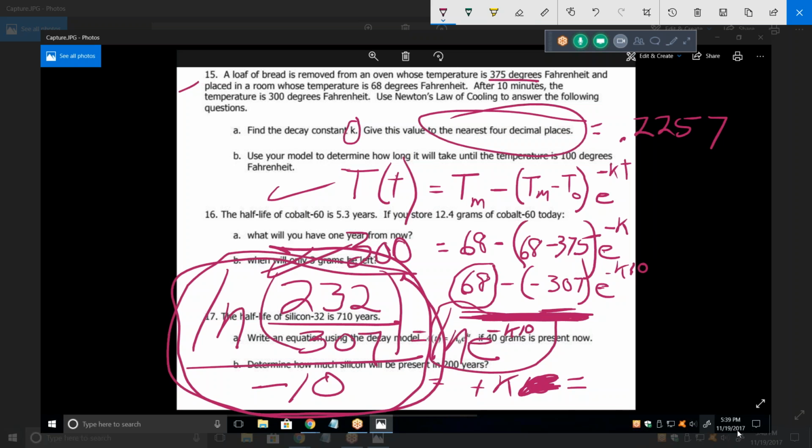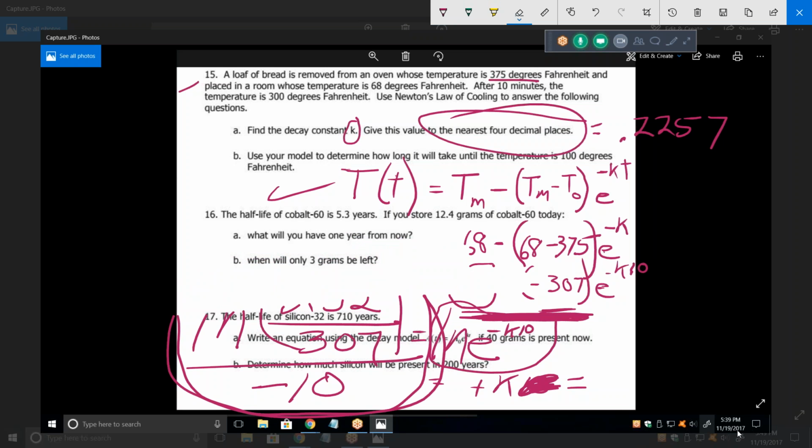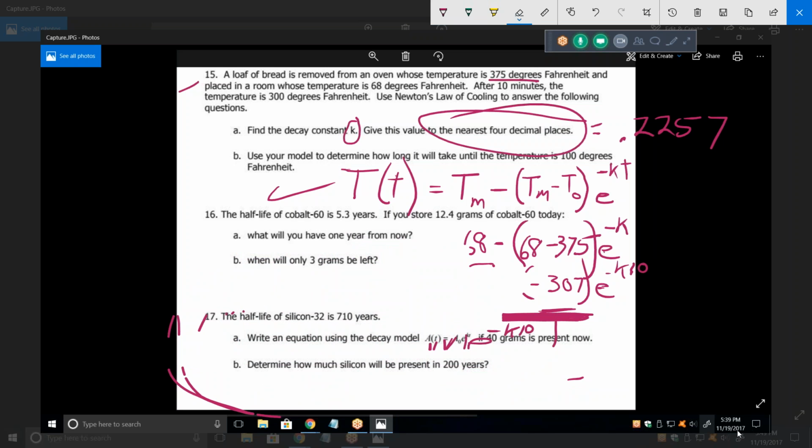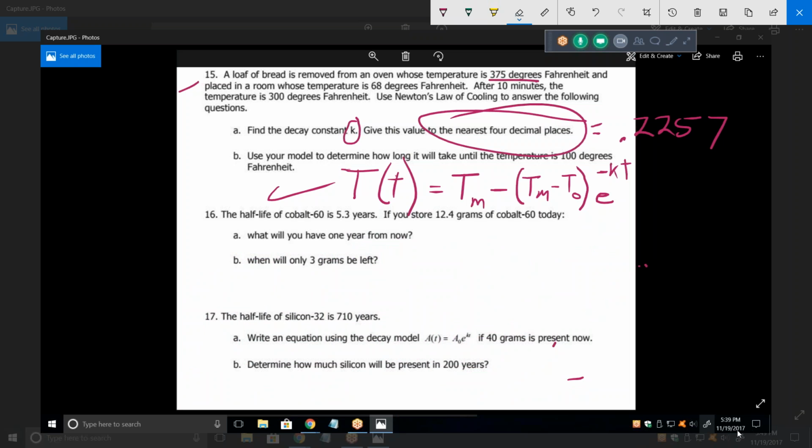Now, the next part, now that we have the equation, in other words, we know what the specific equation is for this model. Write it just so you're totally clear on it.